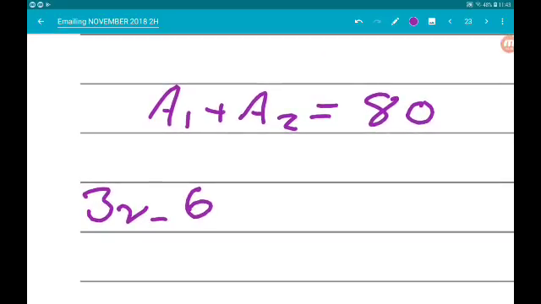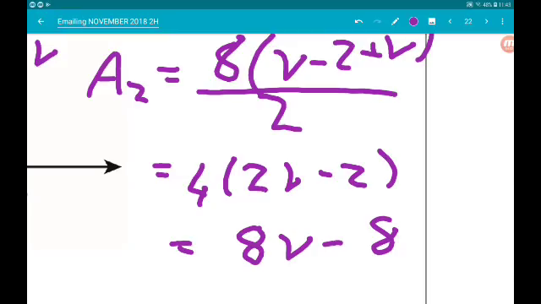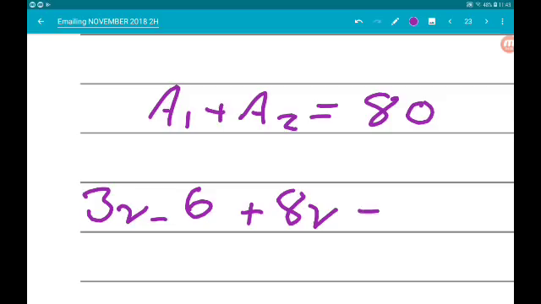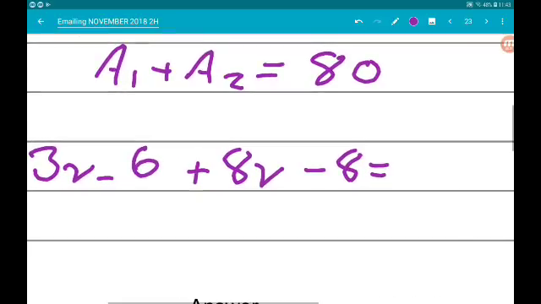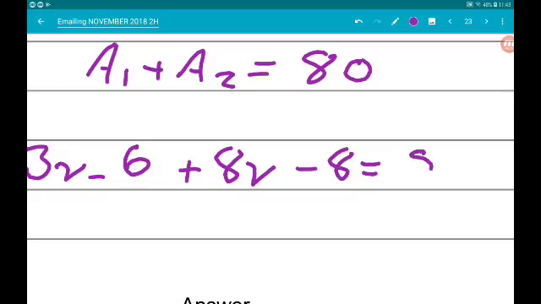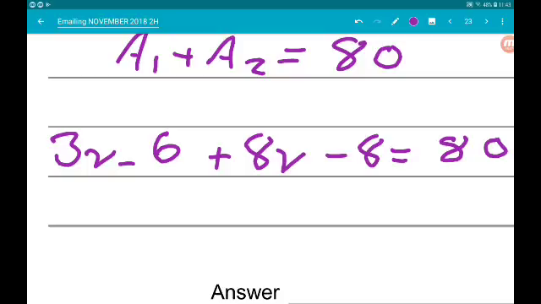So we know that 3v minus 6 add 8v minus 8 is equal to 80. So 11v minus 14 is equal to 80.